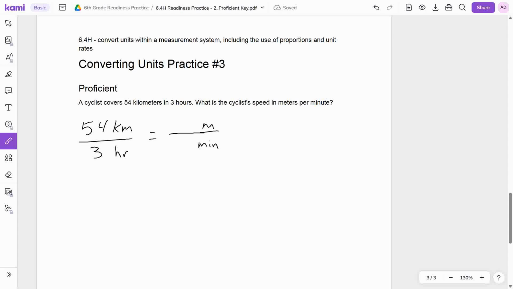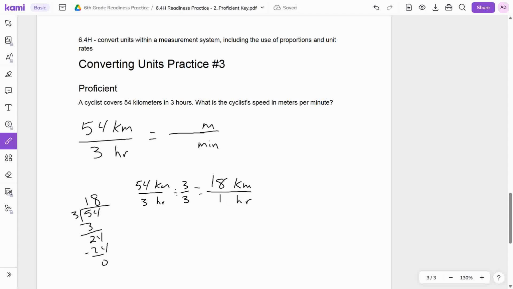Okay, so that's even. So I can say 54 km over 3 hours is the same as, if I divide by 3's, simplify it, right? 18 kilometers per 1 hour.